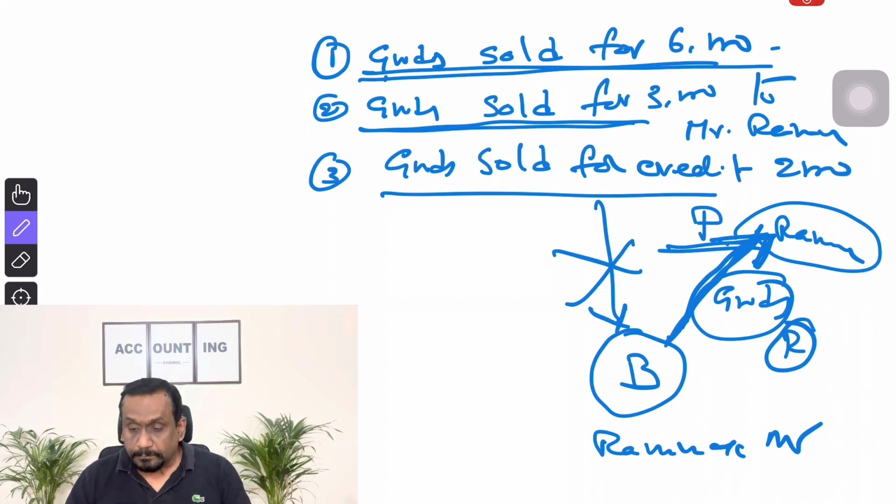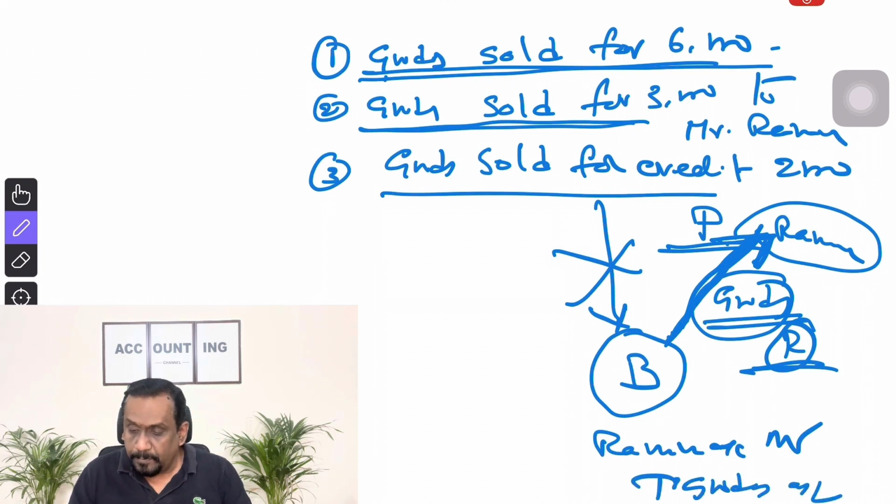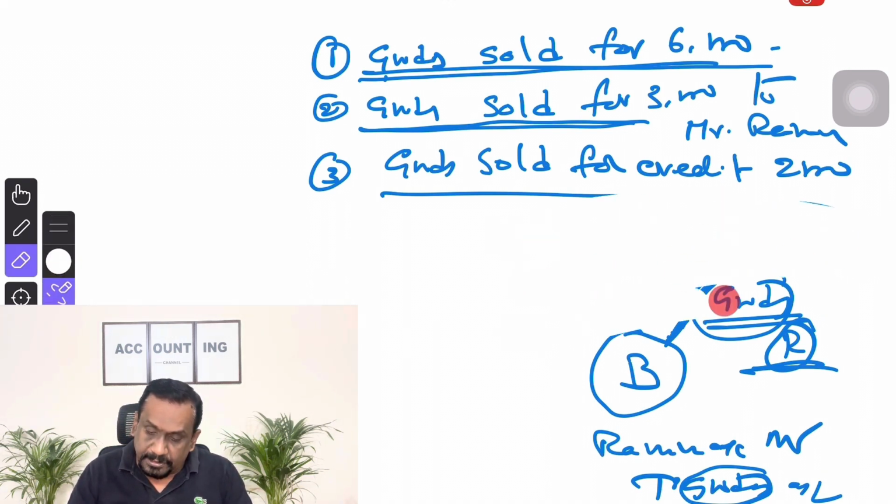Then what goes out? Goods. Comes under which account? Real account. What is the principle? Debit what comes in, credit what goes out. Goods are going out. So you need to credit goods account. Instead of crediting goods, what do we do? Sales account. Are you clear? Right.